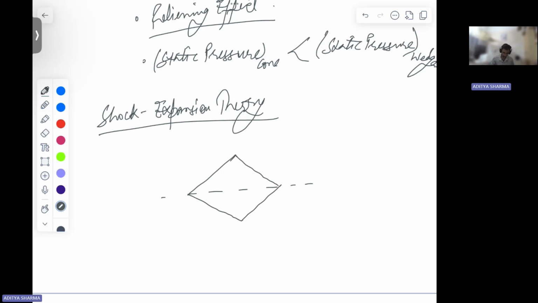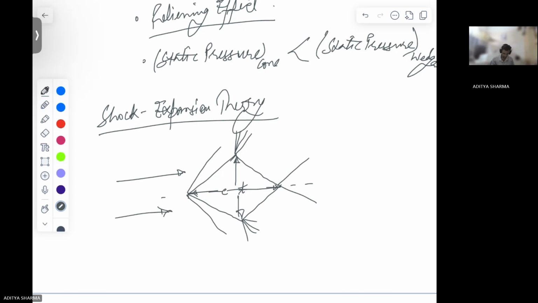Okay, diamond shaped airfoil where you have this as the thickness, and this you have as the chord. Then here you are going to get oblique shocks. Here you are going to get expansion fan, and here again you are going to get oblique shock. Oblique shock, expansion fan, oblique shock.